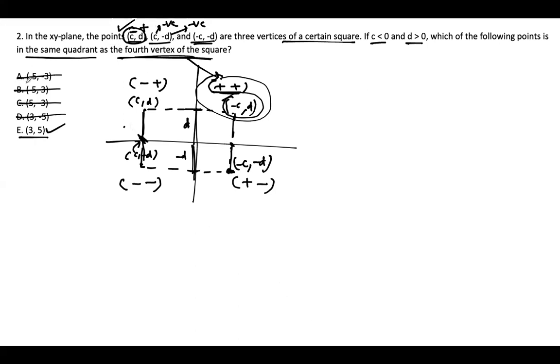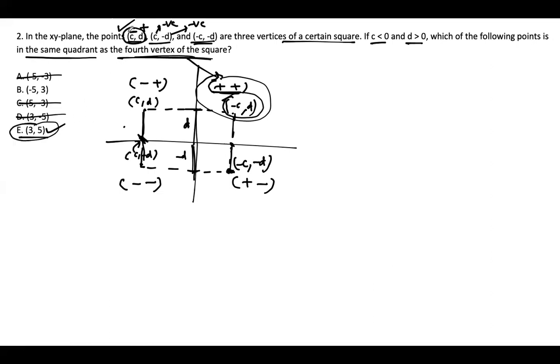Can you hear me, guys? Yes, sir. Okay, you got the answer as B. B is not the correct answer. B lies in which quadrant? Second quadrant. But does this point lie in the second quadrant? That point should lie in the first quadrant, right?